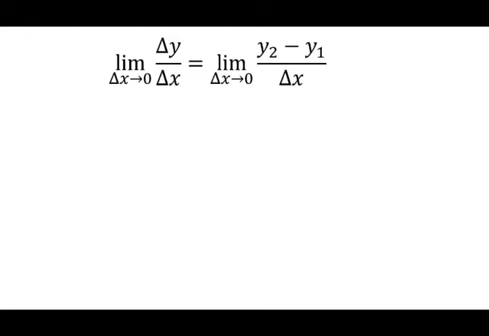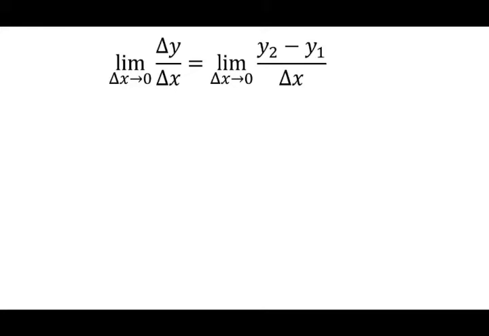And then, so this will become the limit of change of y over change of x as delta x approaches 0. So yung delta y, let us change it to y sub 2 minus y sub 1. So now it will become the limit of y sub 2 minus y sub 1 over delta x as delta x approaches 0. And then yung y sub 2, di ba, it is equal to f of x sub 2.